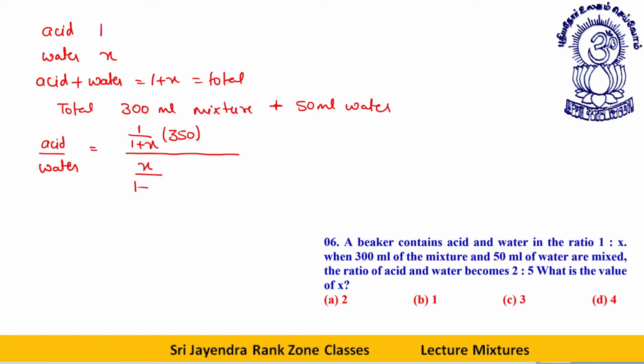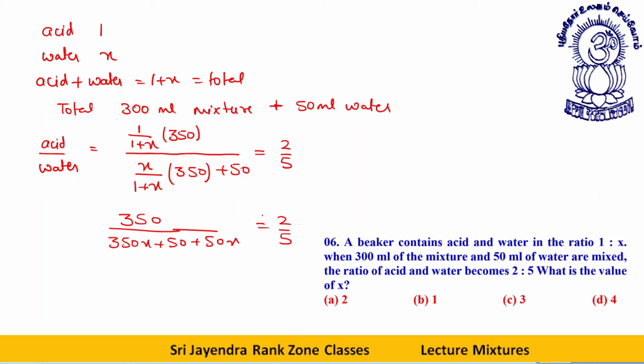Water will be x parts out of 1 plus x parts in 350 ml, plus there is 50 ml more water. This ratio is given to us as 2 by 5. I can write this as 350 upon 1 plus x, that will be cancelled. How come? Upon 350x plus this 50 plus 50x. This is equal to 2 by 5.